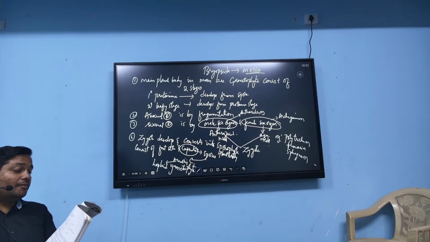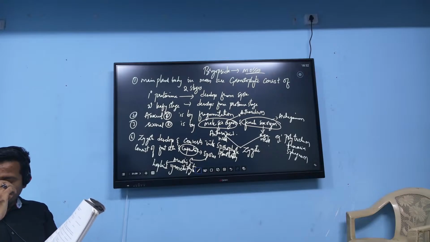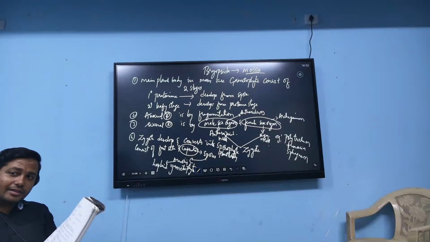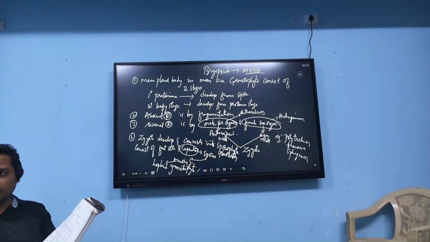What is the question asking? A special character in angiosperms, it should be present only in the angiosperm, a unique character. So fertilization we see in all, whether it is thallophytes, bryophyte, pteridophyte, gymnosperm, all are showing fertilization, but the angiosperms will show double fertilization.